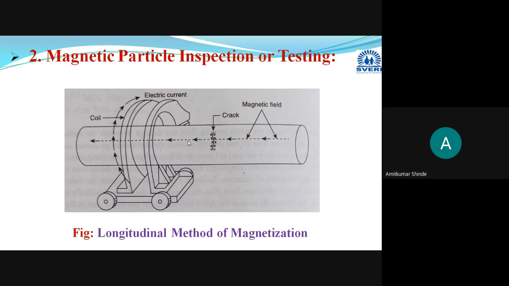Only the ferromagnetic powder used is different. We are using fluorescent ferromagnetic powder, and inspection is done in the dark room under ultraviolet rays, so that you can easily identify the crack or defect present.